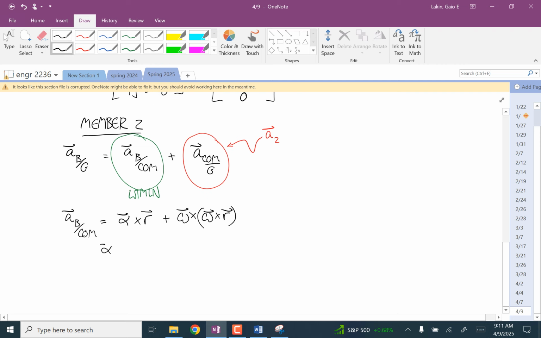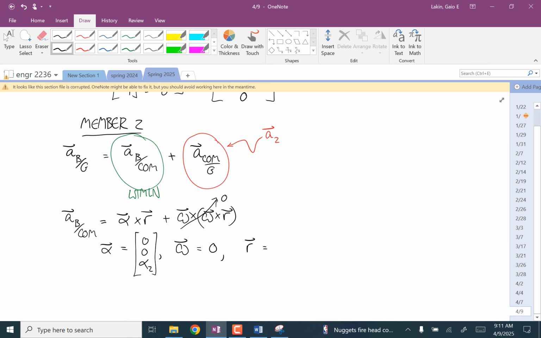And what are these values? The alpha vector is 0, 0, alpha 2. The omega vector is 0, so this whole thing goes away. And then the R vector in this case, I think it's a good idea whenever you're writing down R or writing down rho, repeat the definition of it in your head. You really want that to be ingrained.